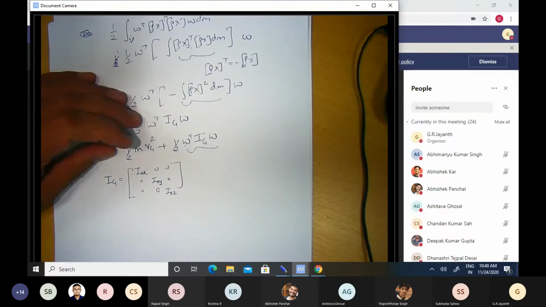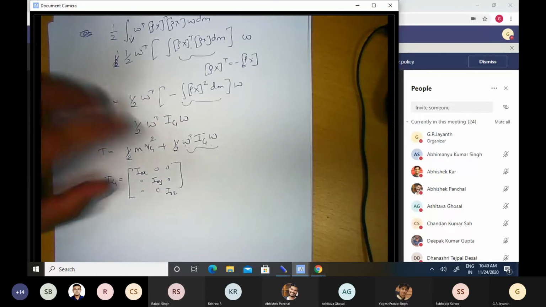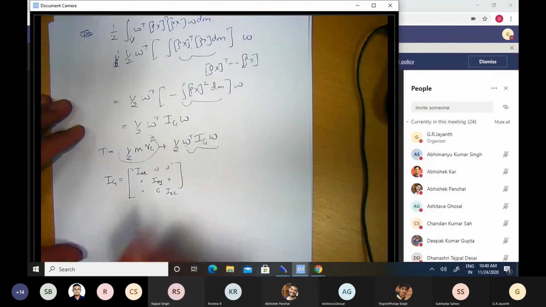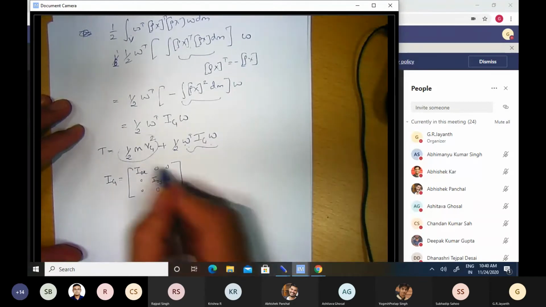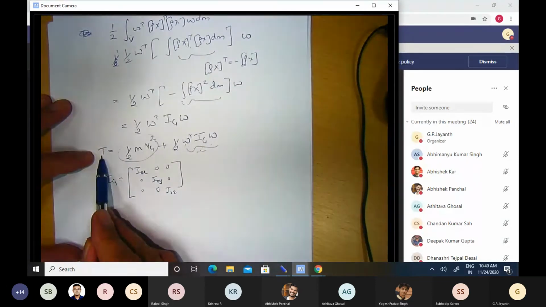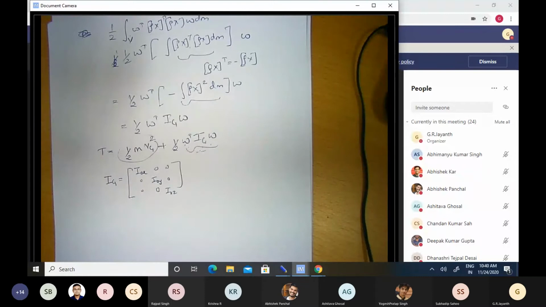One important fact to remember: let us forget about this translational component. Let us, for the moment, set it equal to 0, so that we can focus only on the rotational component. You need to note that the kinetic energy T is always greater than 0. If omega is non-zero, then T is greater than 0. That is obvious, right?